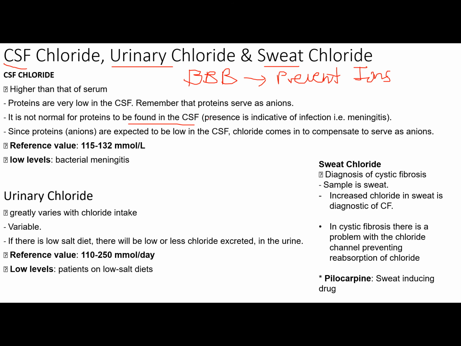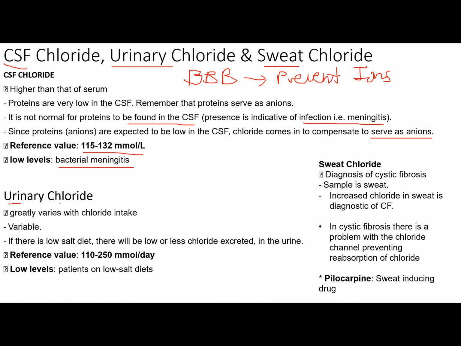And if there are high amounts of protein in the CSF, there could be a possible infection such as meningitis. That's why proteins are expected to be low in CSF. Chloride comes in to compensate and serve as anions. The reference value of CSF chloride is 115 to 132 millimole per liter. Low levels would indicate bacterial meningitis.